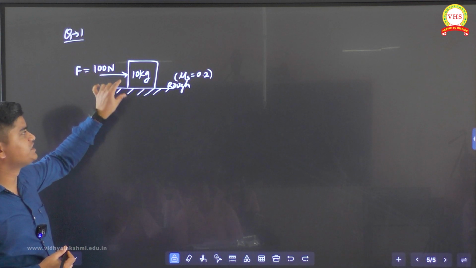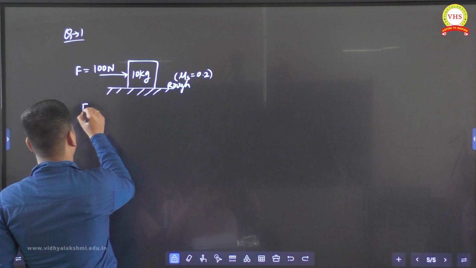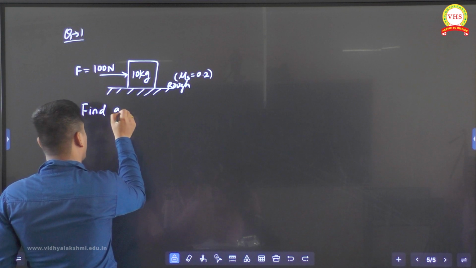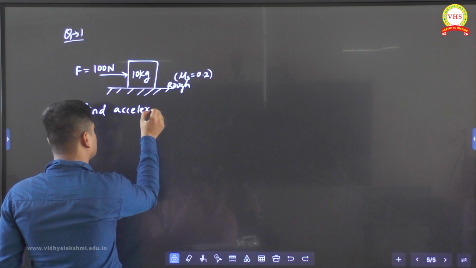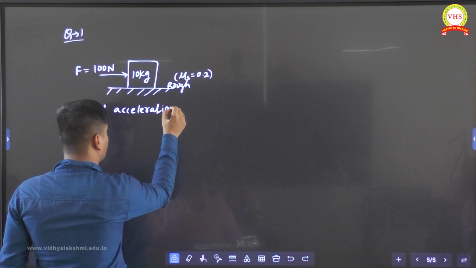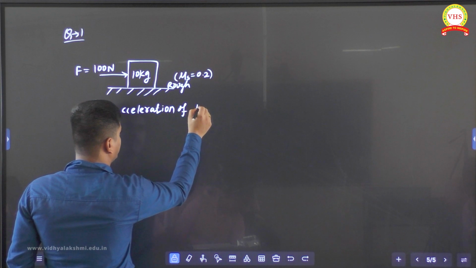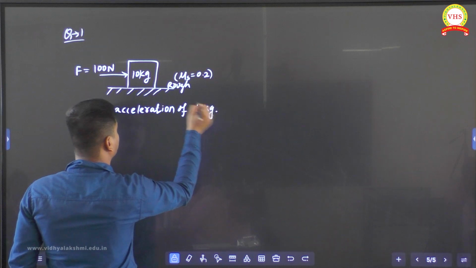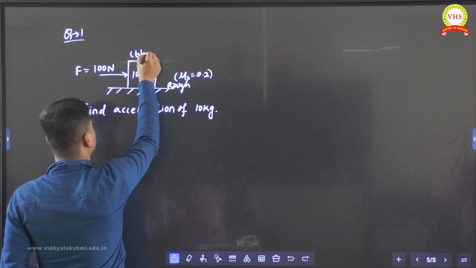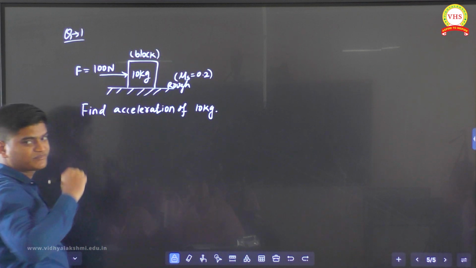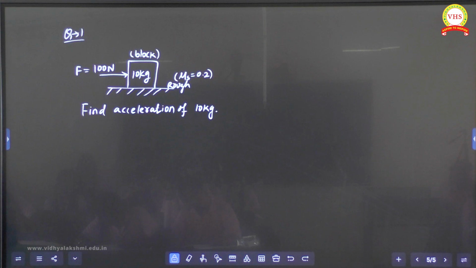Now if the force is given, what you have to find is the acceleration of the 10 kg block. Clear idea? Next, listen.